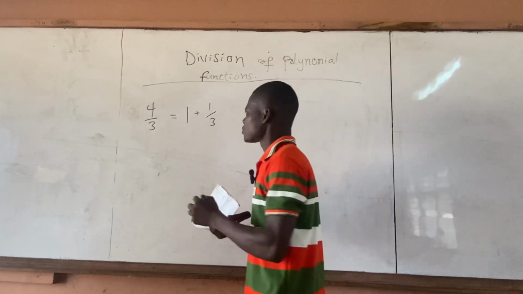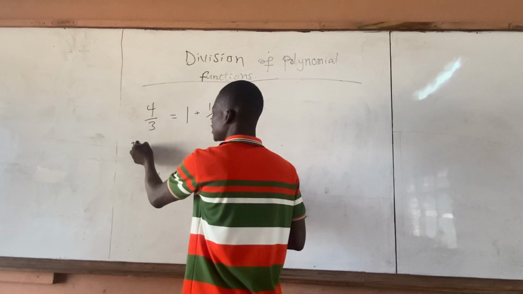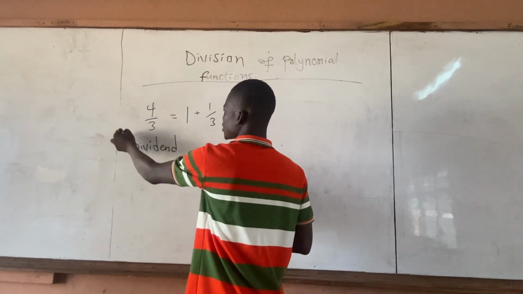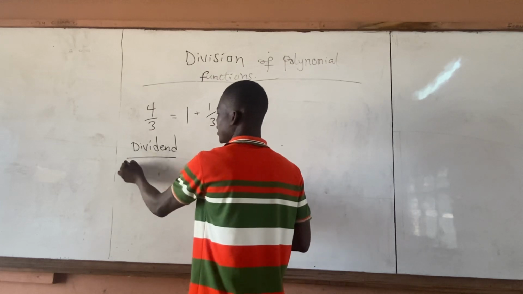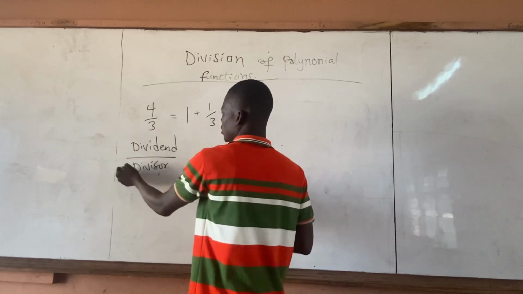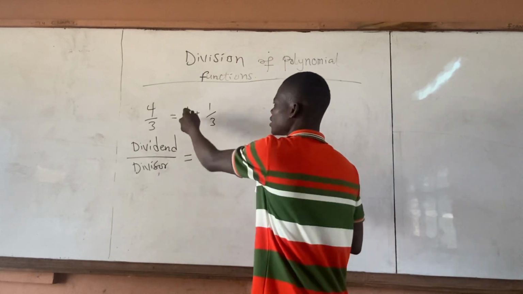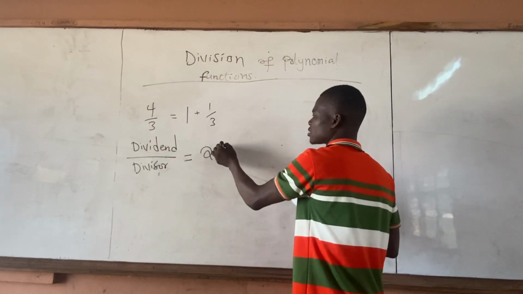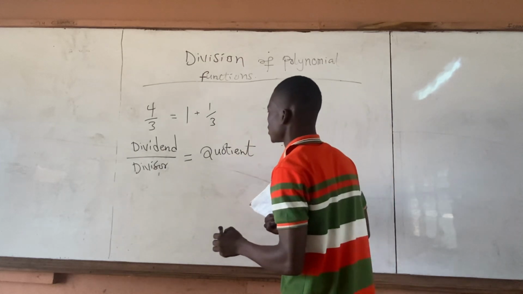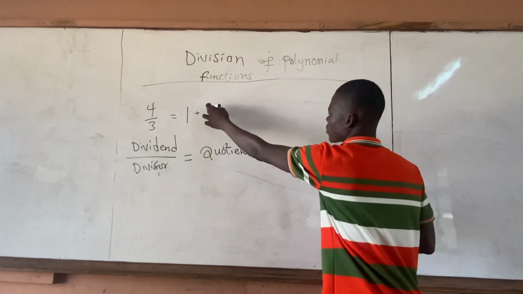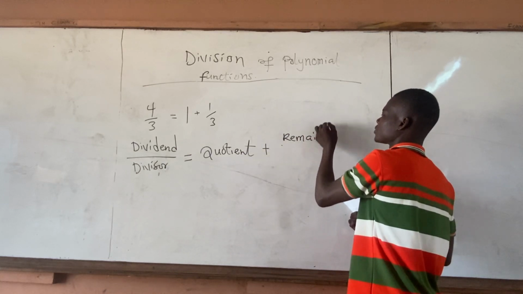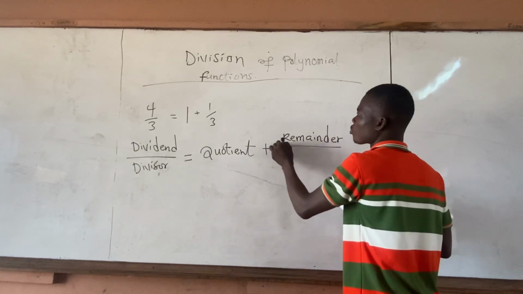This means that our dividend here is 4, over the divisor, which is 3, and this is equal to the quotient plus the remainder over 3.